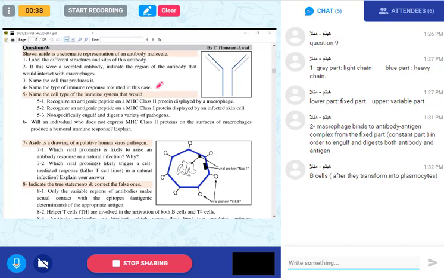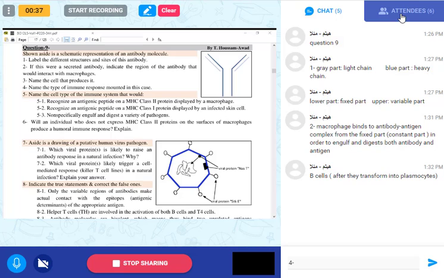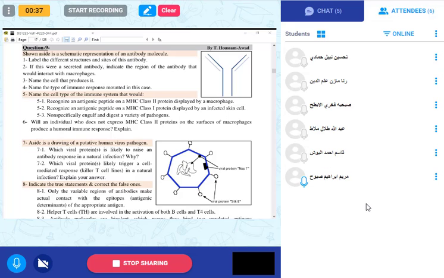Name the type of immune response mounted in this case. This was surely number 3 before. Now number 4. What type of immune response do we have here? Specific or non-specific? Still specific. Why, Qassem, did we say specific immune response here?